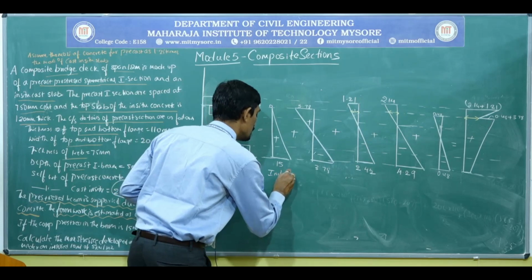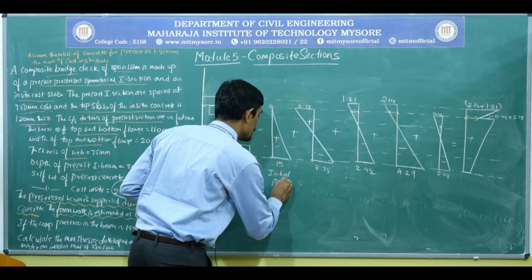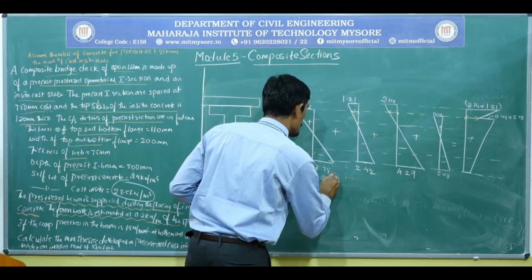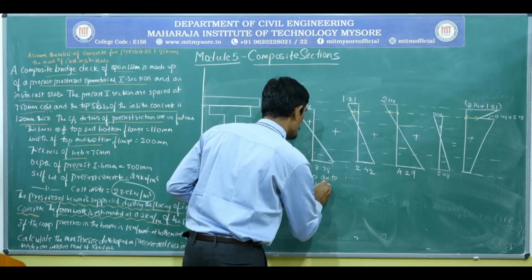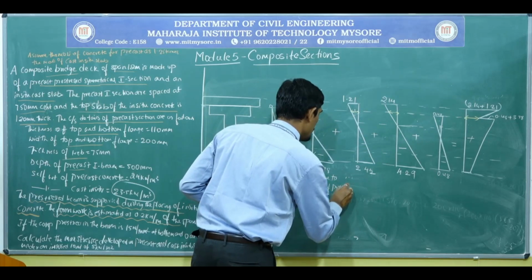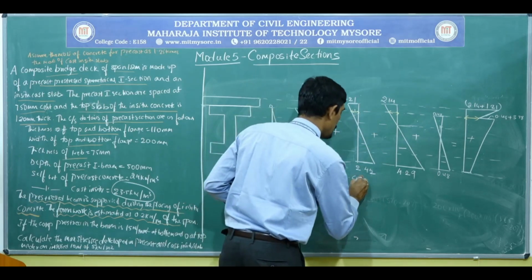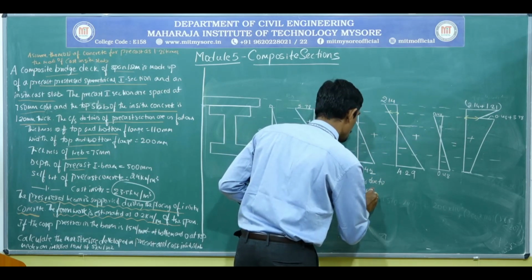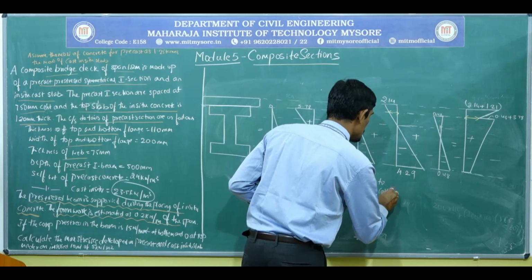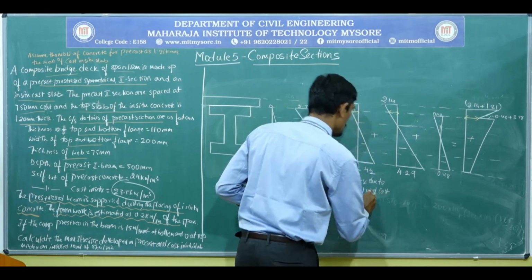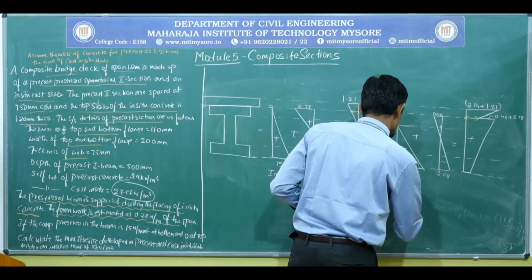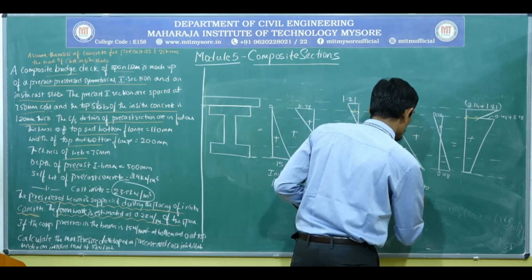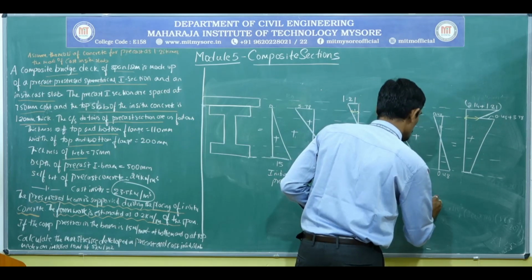Initial pre-stress. This will be stress due to self-weight of precast. This will be stress due to self-weight of cast in situ, and this will be stress due to live load on the composite section.